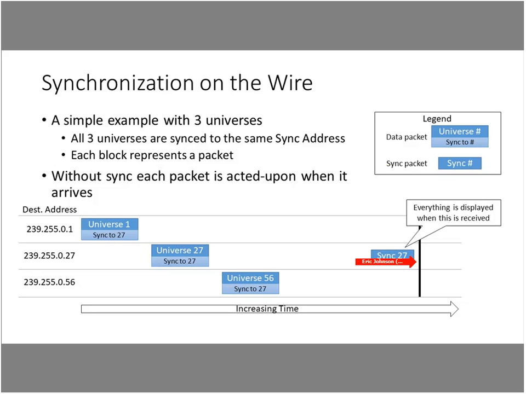And we'll talk about timing a little later. But this is the most fundamental use of synchronization. We send out a bunch of universe data, and then here's the stage manager's LX41 go. But you notice that this sync packet goes on the same multicast address as universe 27, but it is a different packet format.